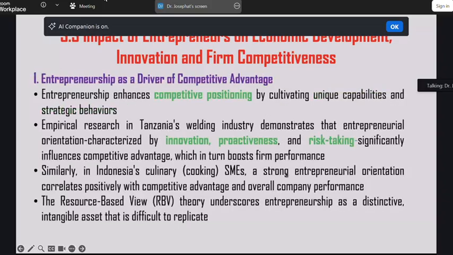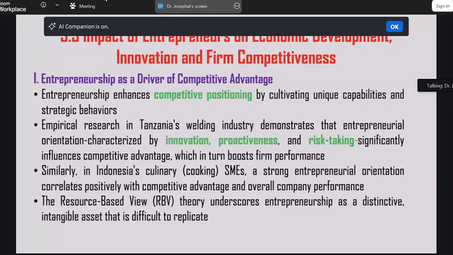Some analysis on how entrepreneurs contribute to competitive advantage can be based on the following points. One, entrepreneurship plays as a driver of competitive advantage. How? Entrepreneurship enhances competitive positioning by cultivating unique capabilities and strategic behavior. Those unique capabilities are associated with innovation, proactiveness, and risk-taking.